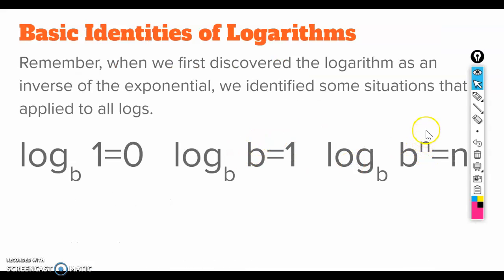We do have some basic identities of logs, just like we have laws of exponents. Anything to the 0 power equals what? Anything to the 0 power equals 1. So that means that if I have a log of 1, it doesn't really matter what that base is, because anything to the 0 power is equal to 1.